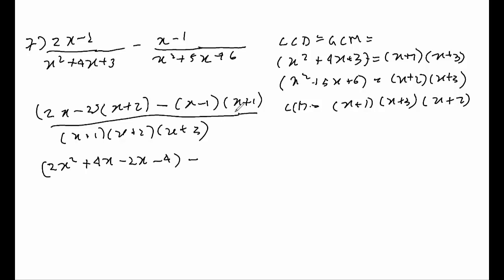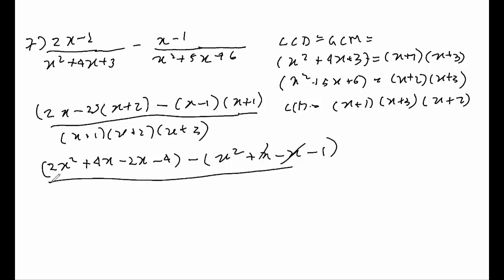We can see that this is really the difference of two squares, but if you don't see that right away, you can just realize x squared plus x minus x minus 1, and these two cancel out. And then I'm just going to do a squiggly line here because it just repeats that the denominator is x plus 1, x plus 2, x plus 3.